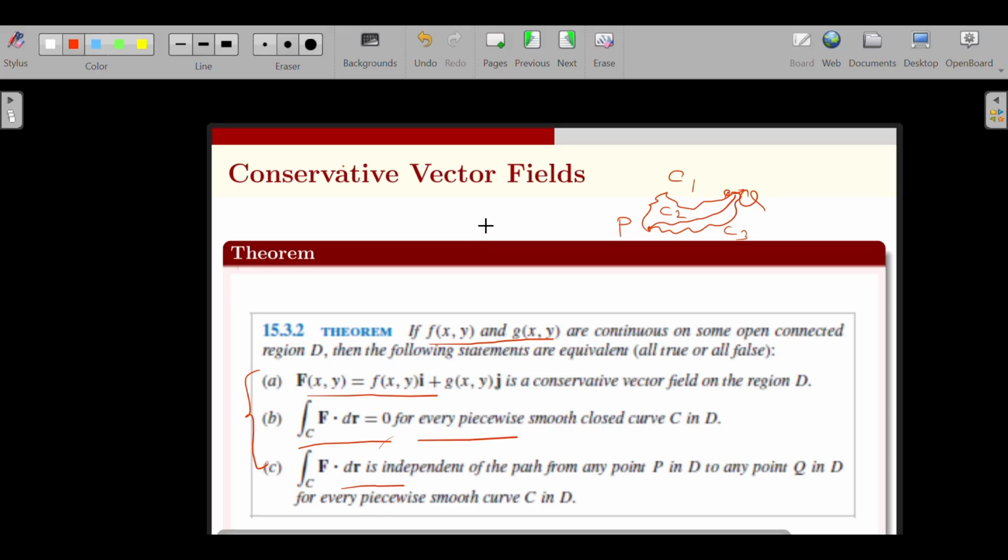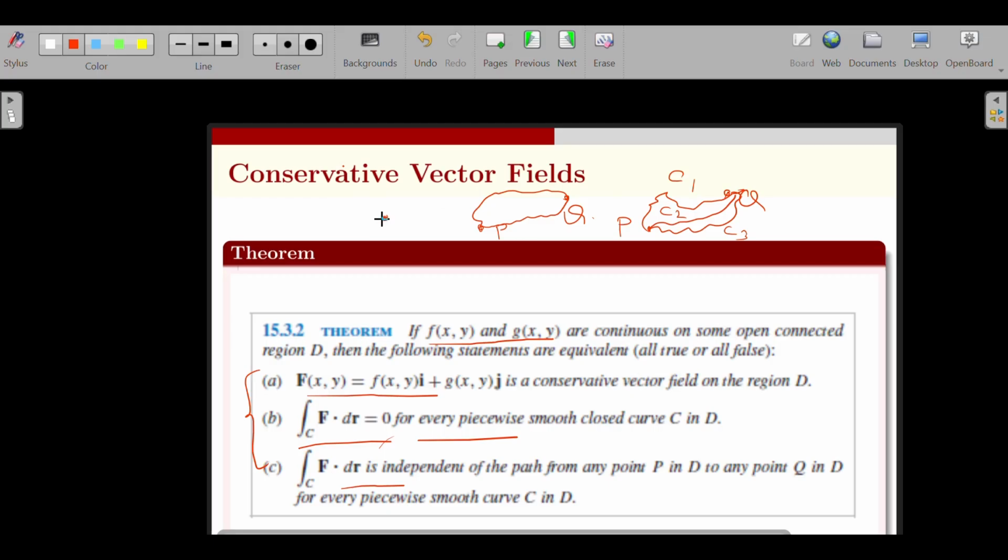So suppose that you have 2 points P and Q. Then you take a closed curve.